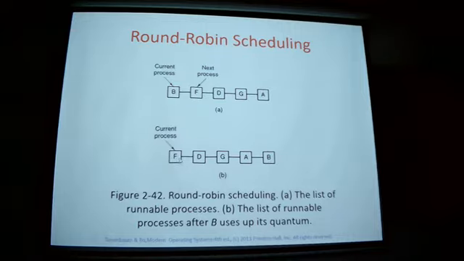So the list is F, G, A, B. Okay, this is round robin.